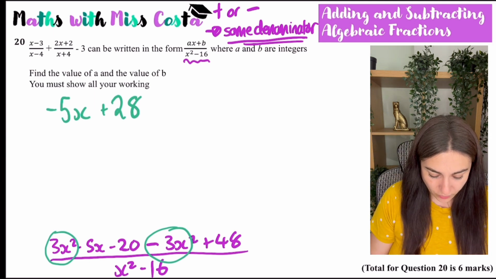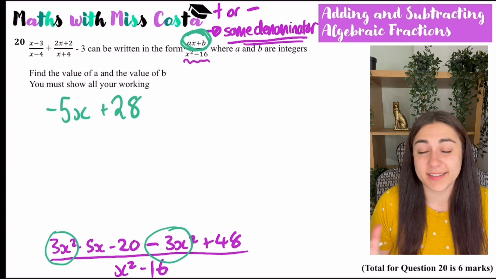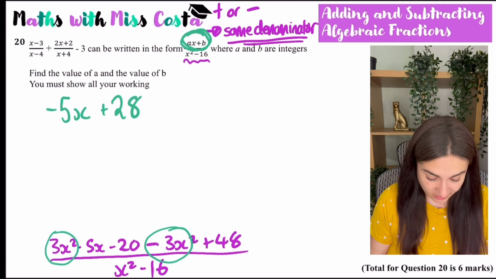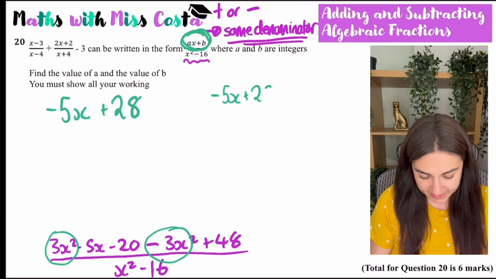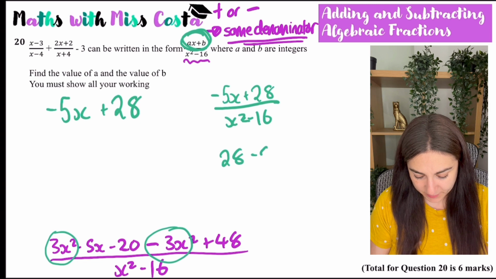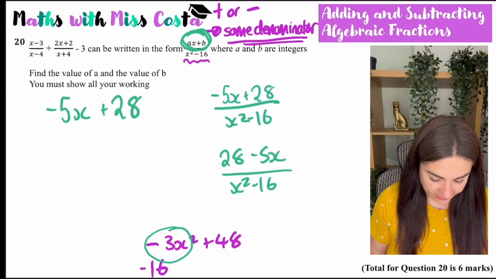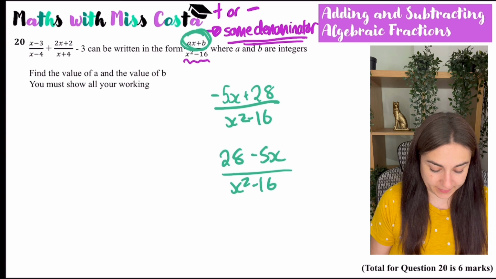Sometimes people get really confused by this because they're like, it's not a positive. It doesn't matter. All it means is a and b are integers, which they are. So you could leave it as minus 5x plus 28 over x squared minus 16. Or you could say 28 minus 5x over x squared minus 16, because it's just nicer not having a negative at the beginning.